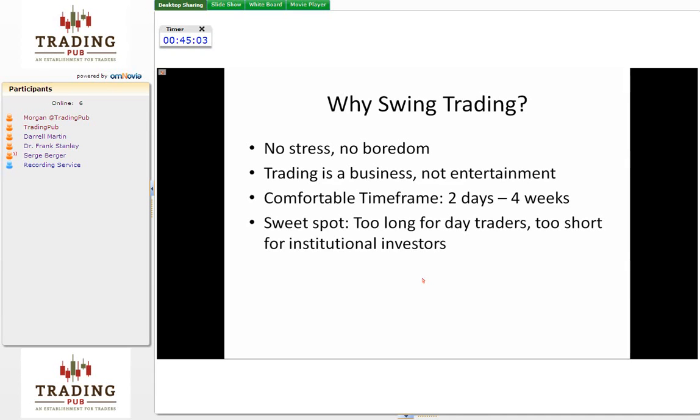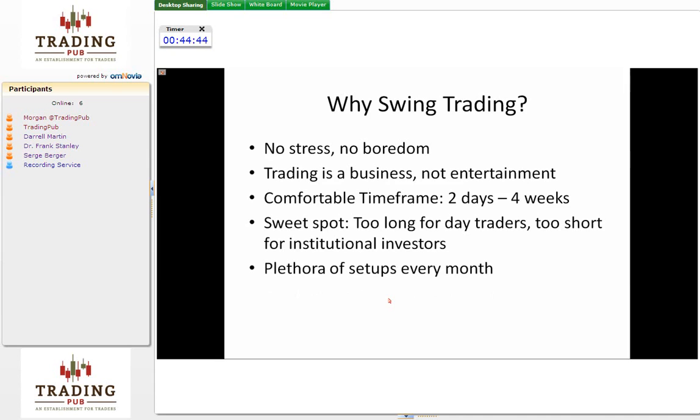Another point about swing trading is that it is not something day traders focus on. The time frame is clearly too long. It's more than 1 day by definition, and it's also too short for a lot of institutional investors. So you're in a pretty good spot where a lot of opportunities come up, but they're not very crowded.